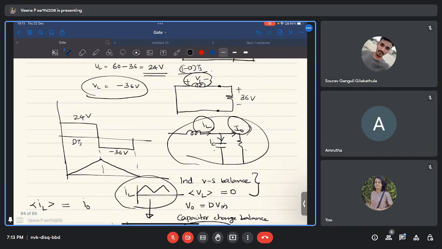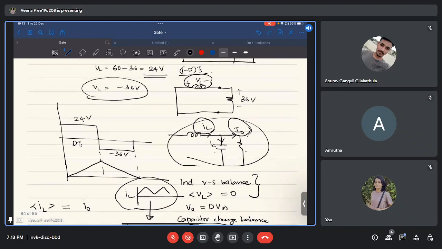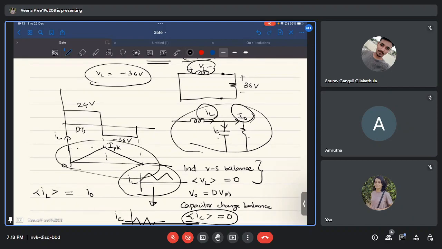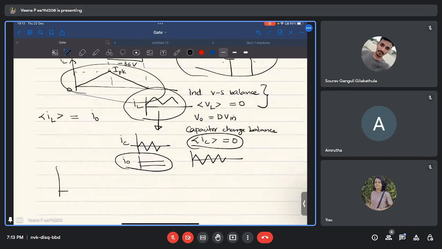So in the problem, we know that this is our inductor current IL, whose minimum value is 0 and maximum value is, say, I peak. What is the average value of this waveform? We have a waveform in one cycle, it is a triangle waveform. It will repeat, so this whole duration is Ts. This value is I peak.